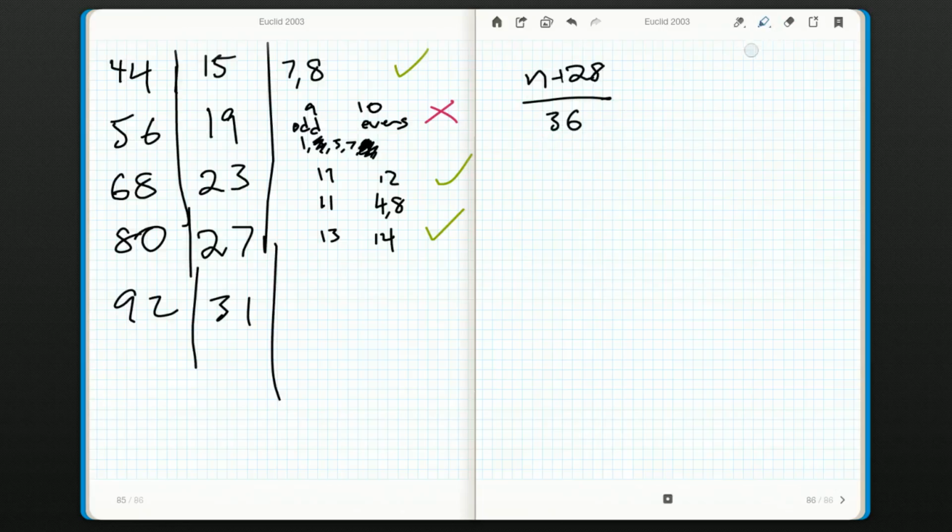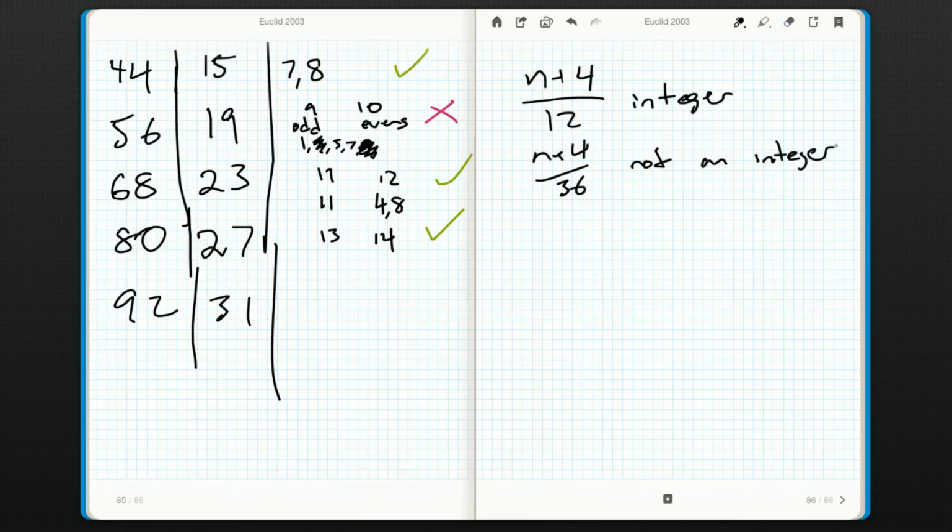That's what we're looking for. There, I think that'll do. No, because n plus 4, whatever. Not going to worry about this right now.